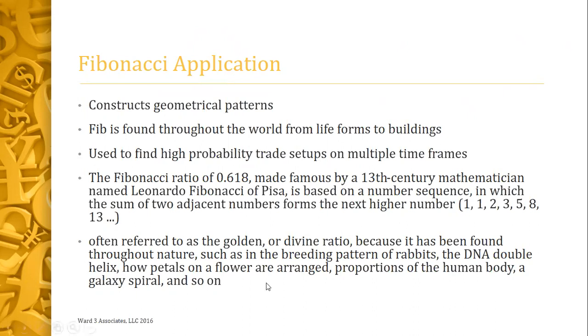This is what I went over the other day. 1 plus 1 is 2, 1 plus 2 is 3, 2 plus 3 is 5, and so on. 0.618 is often referred to as the golden or divine ratio because it has been found throughout nature, such as in the breeding patterns of rabbits. It's found in our DNA double helix. It's found in how petals on a flower are arranged and in portions of the human body. And it's basically all over our galaxy, okay?